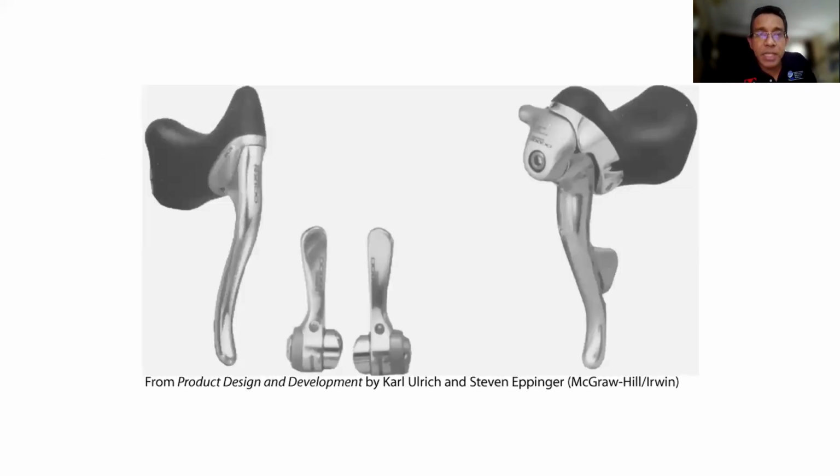I think you're familiar with this one. You see it in the textbook as well. You can find it in your life if you have a bicycle. You can see this product.